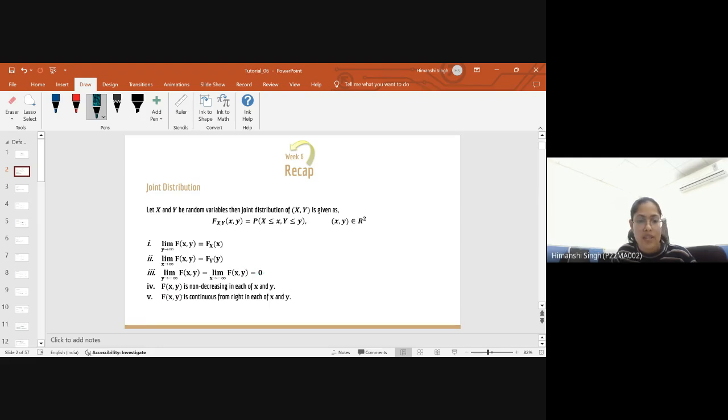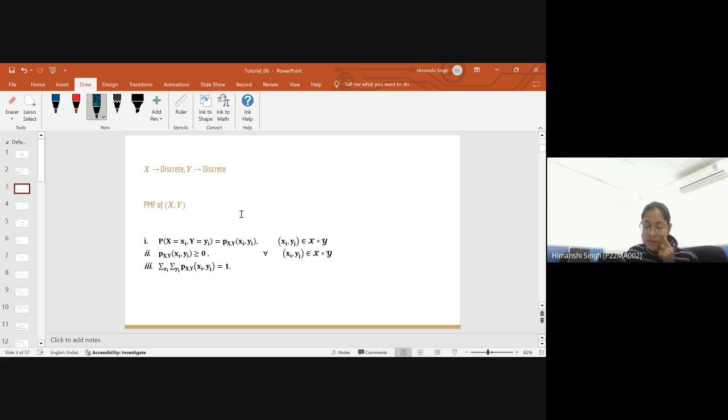Apart from this, F_XY is non-decreasing in each of x and y, and it is continuous from the right in both arguments x and y. These are the properties of the joint distribution, where F_X and F_Y are the marginals, which we already studied in week 6 lectures, and I will discuss those marginal distributions in the next slides.